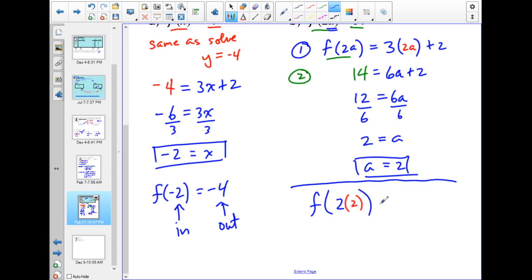That, of course, we can see that's the same as f of 4. But that in itself, the function has its own definition, which is 3x plus 2. So that's going to be 3 times 4 plus 2. And of course, 3 times 4 is 12, plus 2 is 14, which confirms that my answer above here was correct.